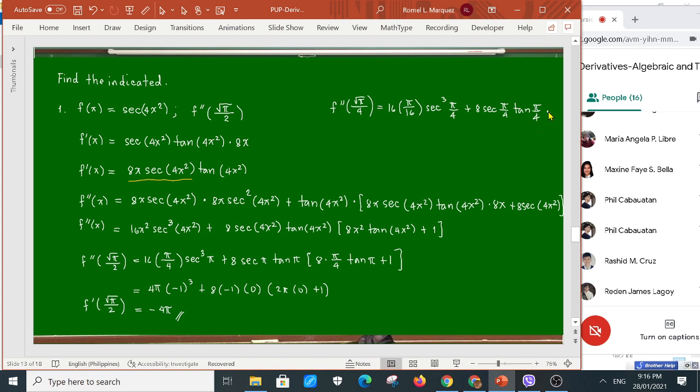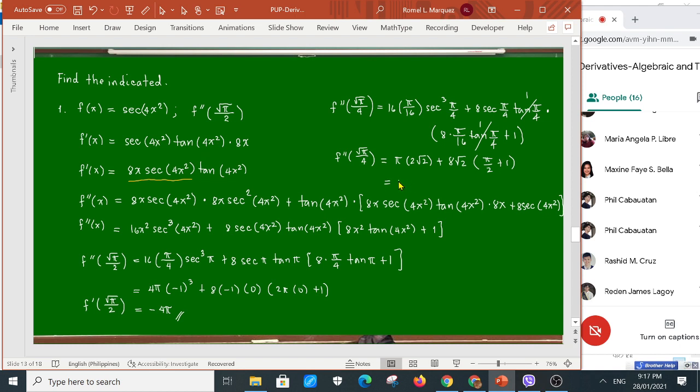Then times, ito times 2 ha. Times 2. Plus 8 square root of 2. Tangent pi over 4 is 1. Then times pi over 2 plus 1. Okay. Yan na yung sagot.